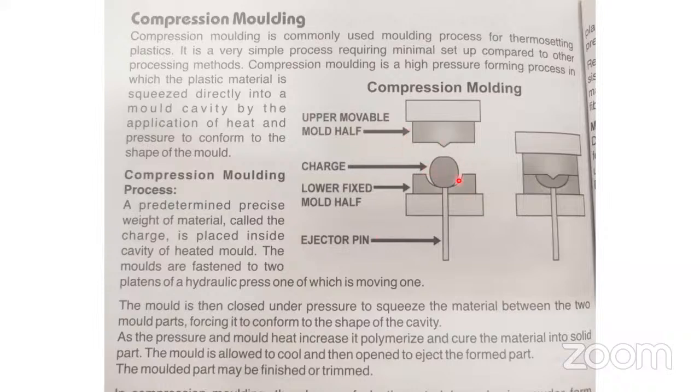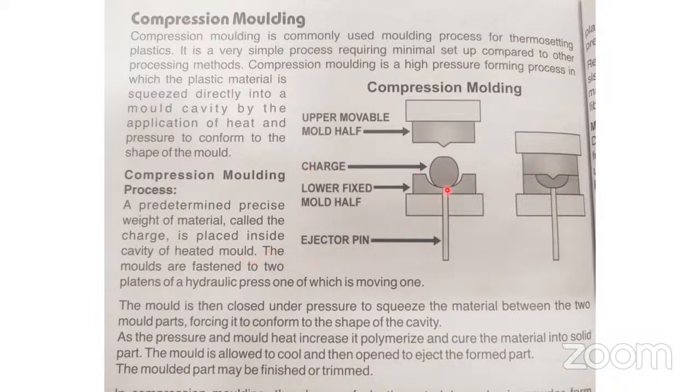Therefore, you have to use a hydraulic press. Even in old times, the mechanical machine, mechanical press, was there. But nowadays, the hydraulic press is available. You can manufacture high volume articles by using a hydraulic press.